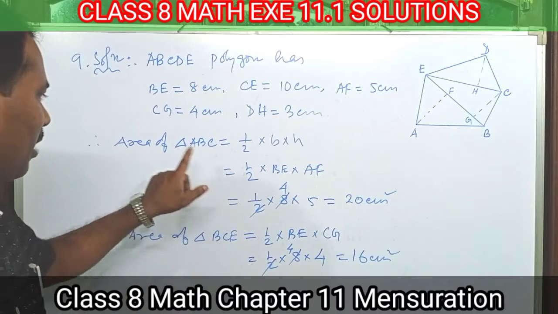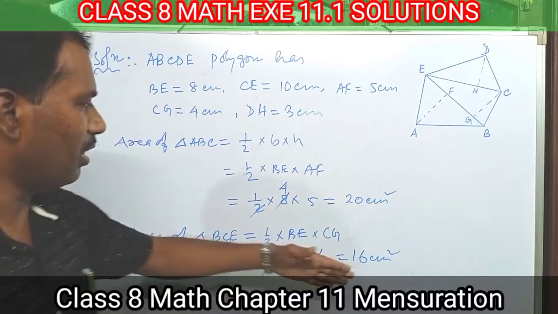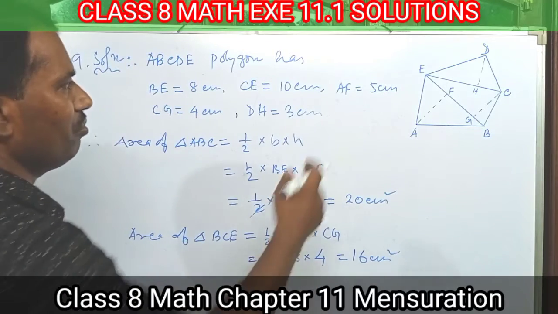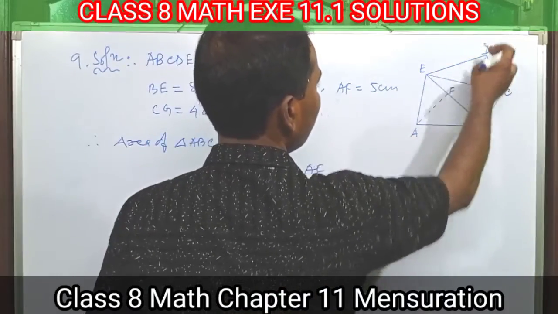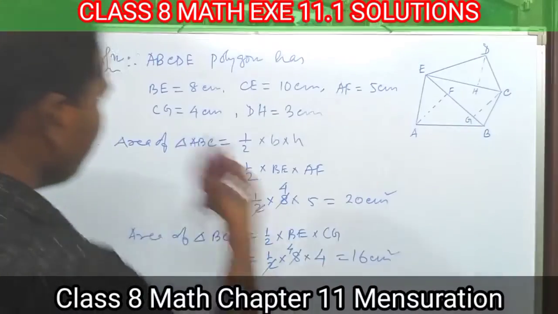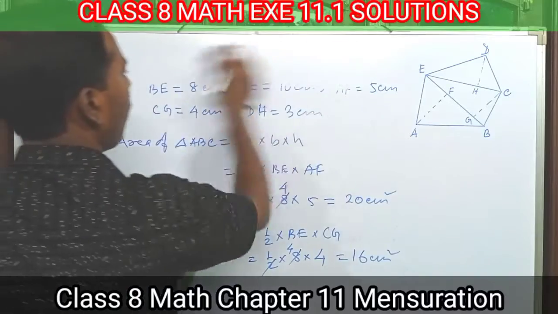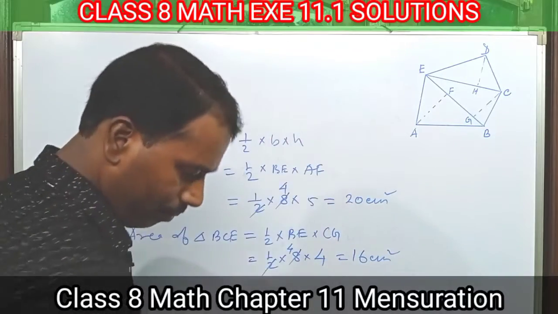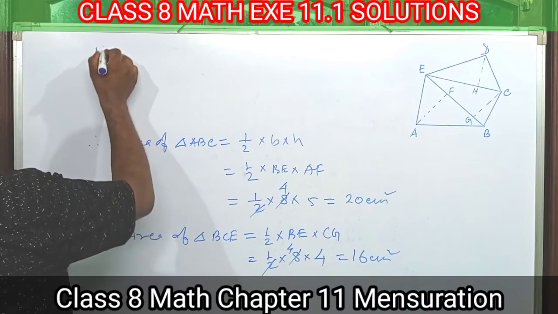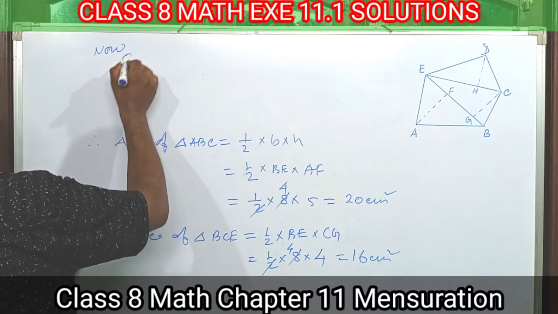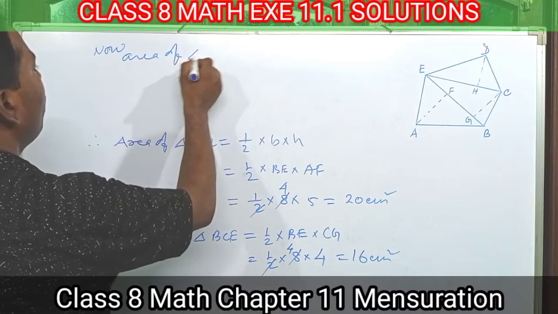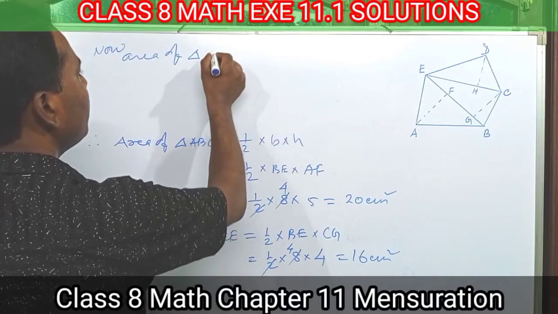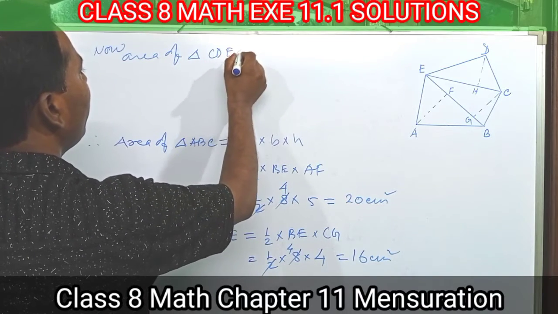Area of triangle ABE and area of triangle BCE we have already got. Now we have to find the area of triangle CDE. I will erase, please note down. Area of triangle CDE.